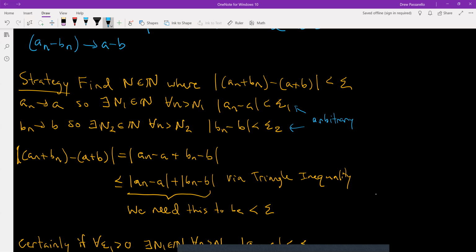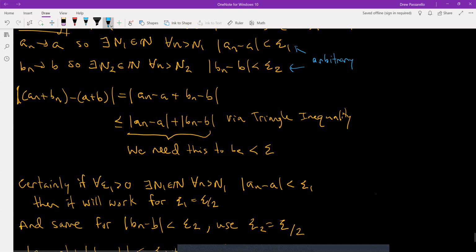And that way we can use the triangle inequality to break that up into the absolute value of a_n minus a plus the absolute value of b_n minus b. But we need that whole thing to be less than epsilon. So we're going to use our knowledge that a_n converges to a and b_n converges to b to manipulate it so that we can get the whole thing to be less than epsilon.